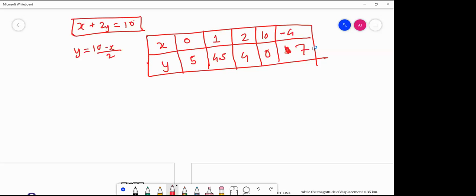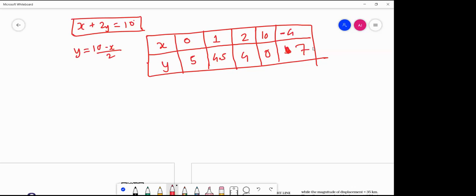So how many solutions will be there for this equation x plus 2y equal to 10? Number of solutions? 5?